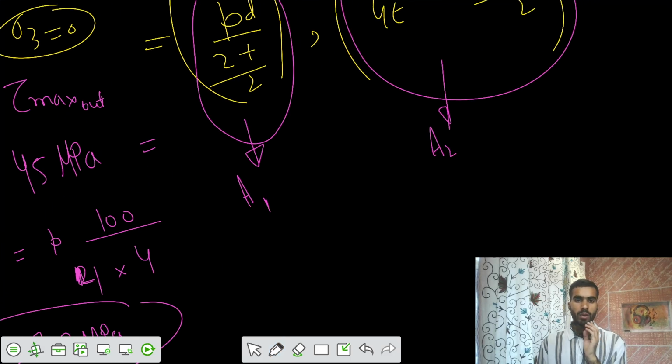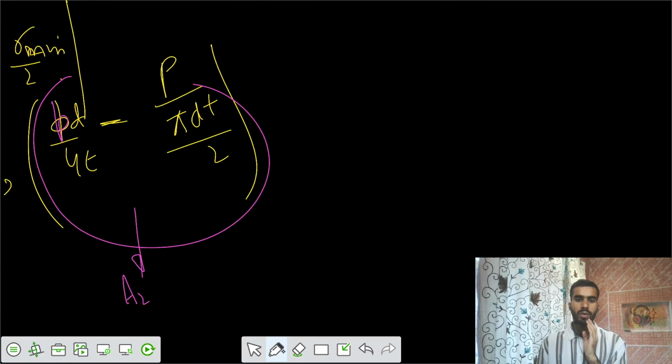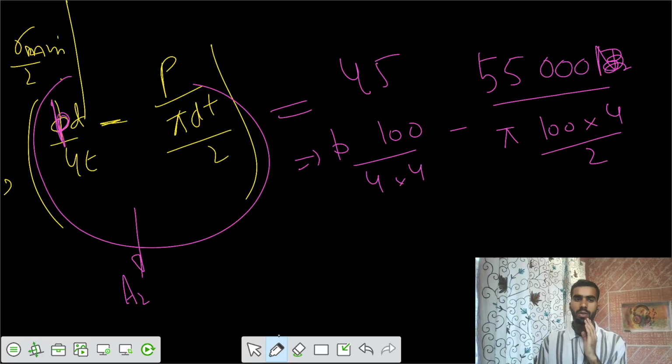And corresponding to A2, equating 45 with that A2, I can get the value of P if I substitute P into 100 divided by 4 times thickness minus the load of 55 kilonewton, by pi times D into thickness of 4, divided by 2.